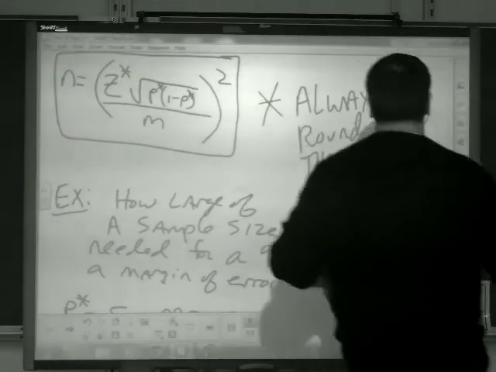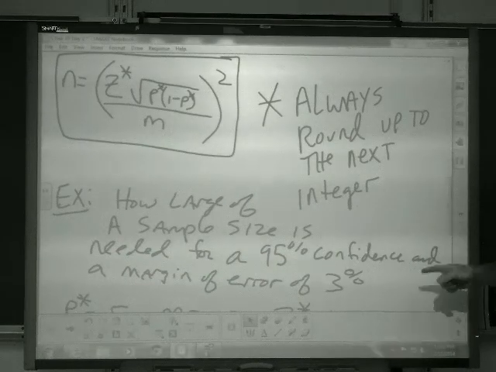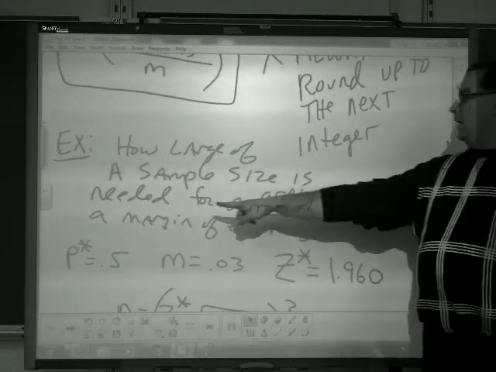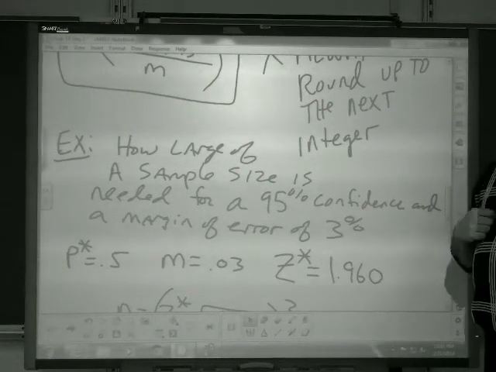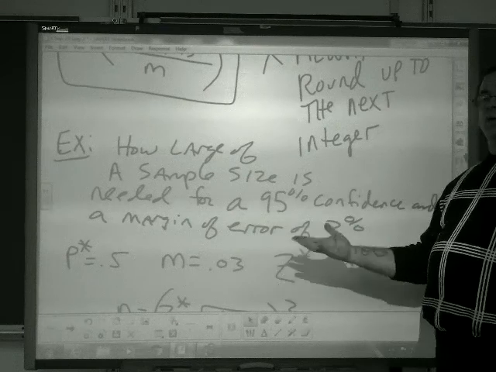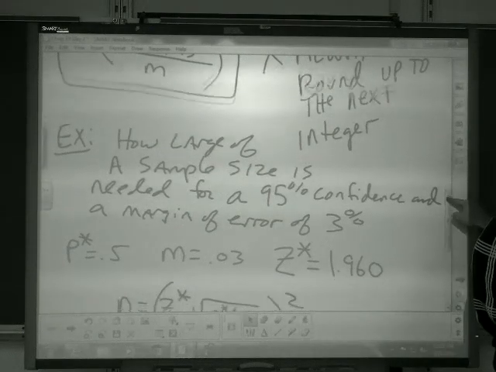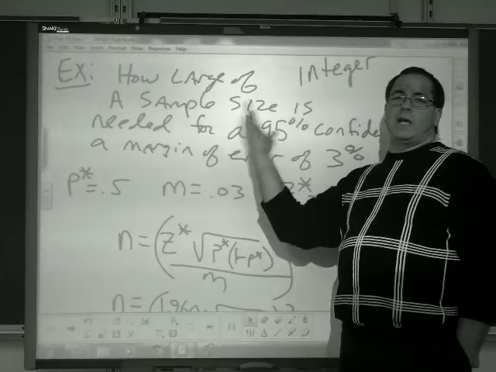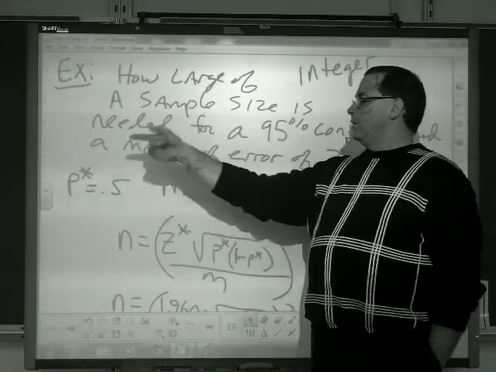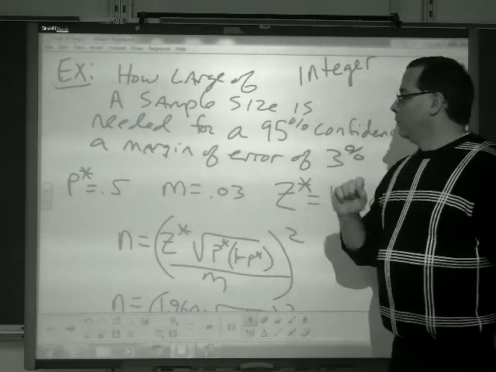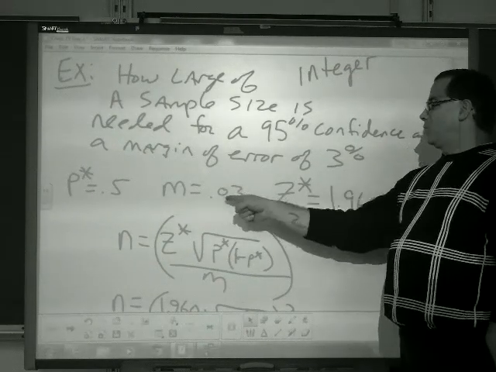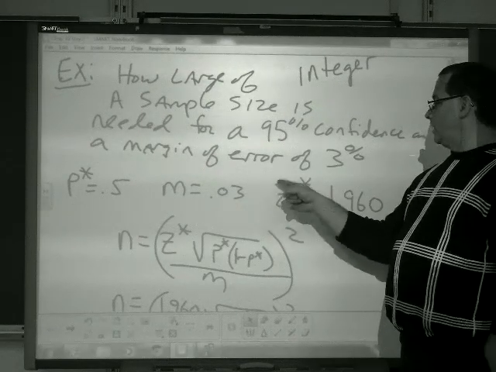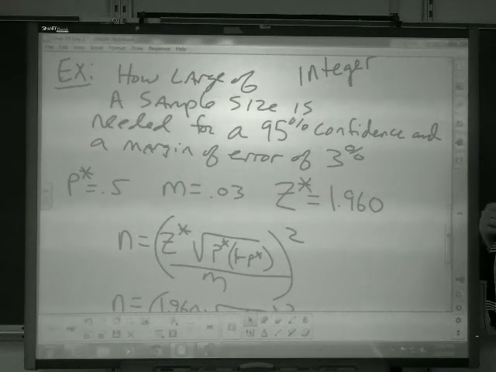So here's an example. How large of a sample size is needed for a 95% confidence interval and a margin of error of 3%? So I start listing, what do I know? My P star, I don't have any previous information. I don't even know what the context of the problem is. P star is 0.5. Margin of error, we have to write it as a decimal, 0.03. Z star comes from page 880 out of the book again. That's 1.960.